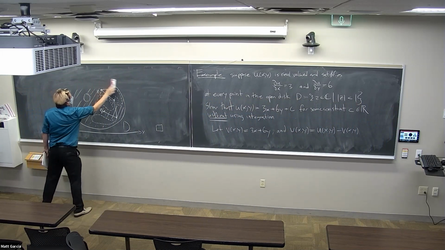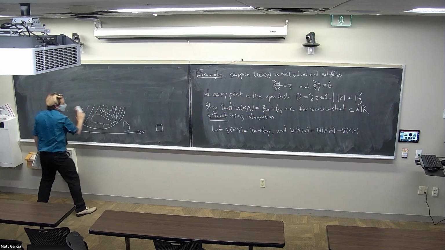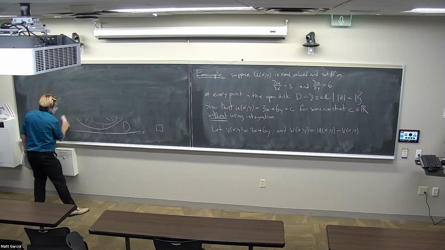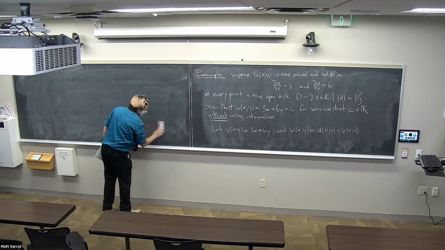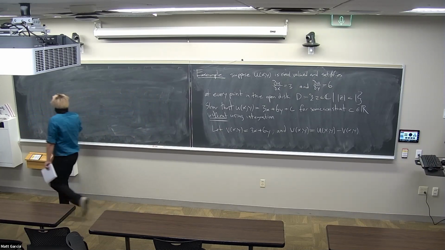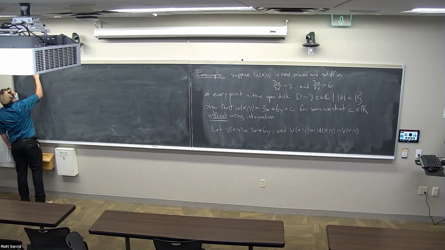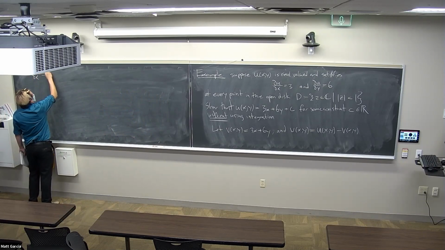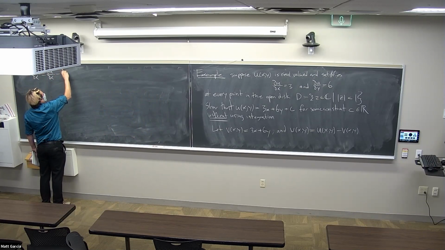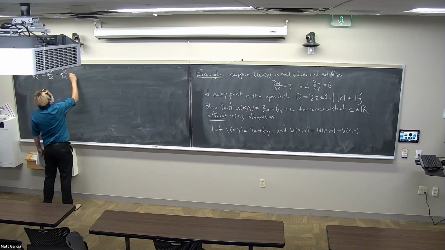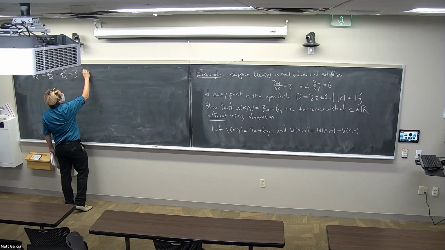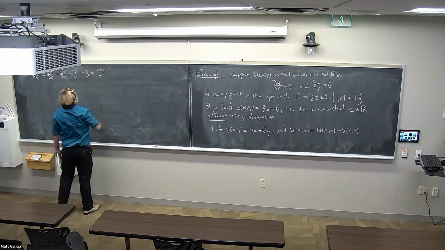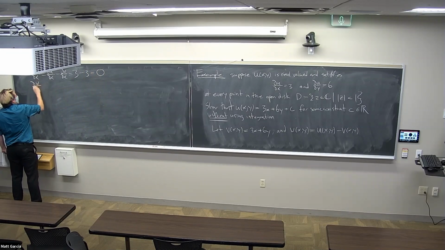We get that the partials of w, the first partial derivatives, are equal to 0 for every point in our domain D. Okay? So that is to say, partial w partial x is equal to partial u partial x minus partial v partial x. We're given that this was 3, and by construction, the partial derivative of v with respect to x is 3, so the difference is 0, and then likewise for y.